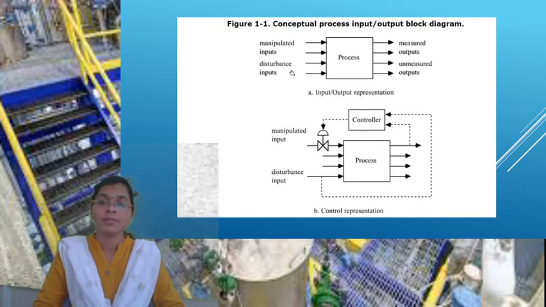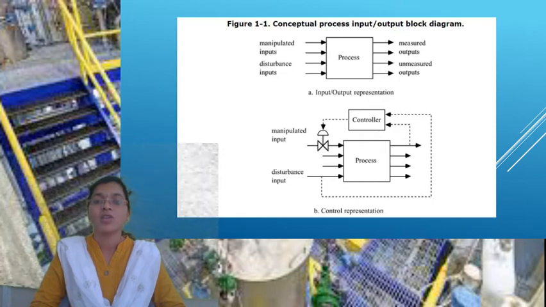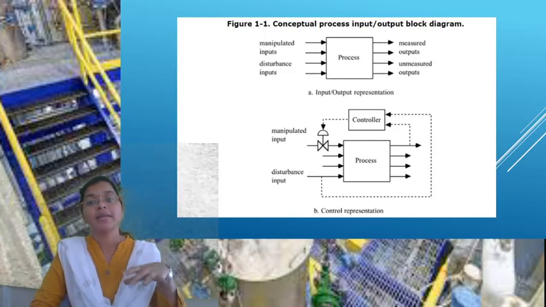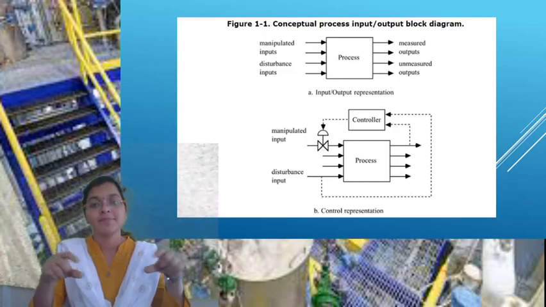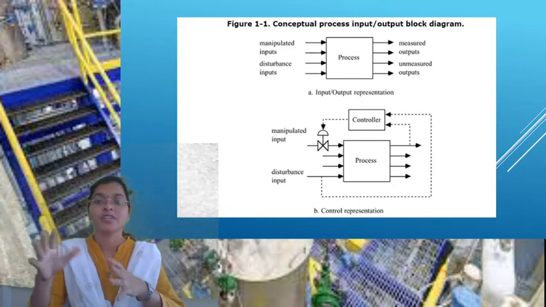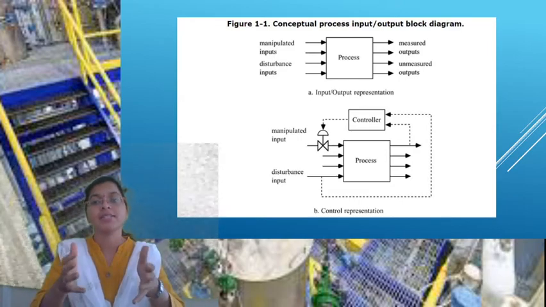Here is the conceptual process input block diagram. We have already seen this one, and we also covered the different types of process variables: the manipulated variable, the controlled variable, and load variables. But in every process, for example in our daily instrumentation systems in any process industry, we have different types of devices: pipes, big tanks, valves, vessels.